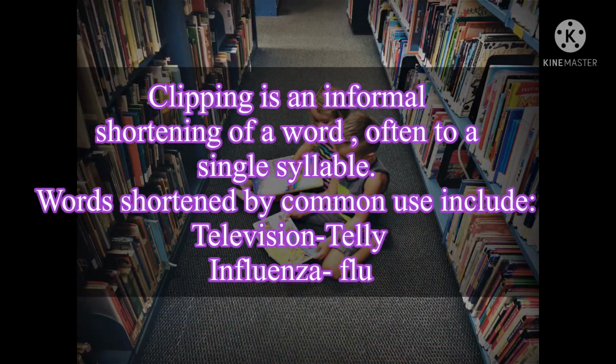Clipping is also another word formation that helps in making new words. It functions as an informal shortening of words, often to a single syllable. Words shortened by common use include television, that's tele, and influenza, that's flu.